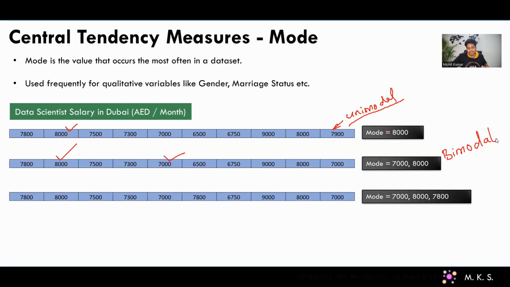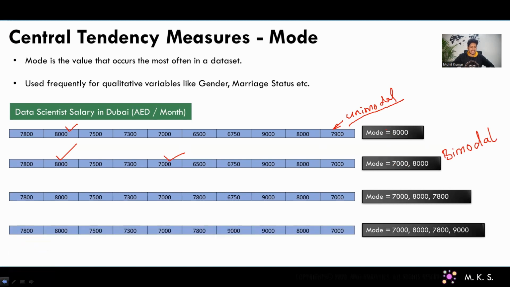Similarly, we can have trimodal as well, right? And we can have multimodal data as well, where we have more than 3 modes present in our data set. So here, if you look at this example, 7,800, 7,800, 8,000, 8,000, right?